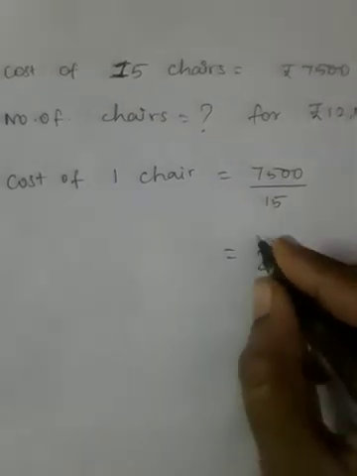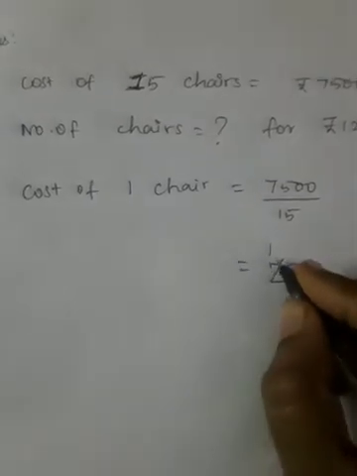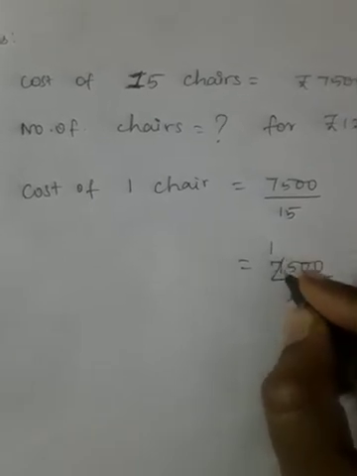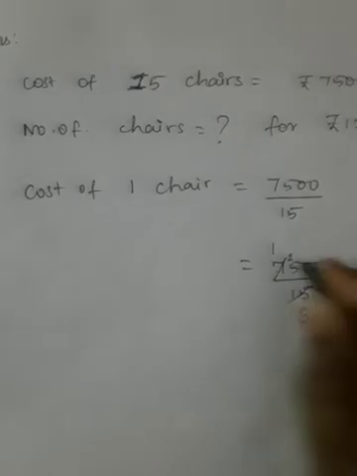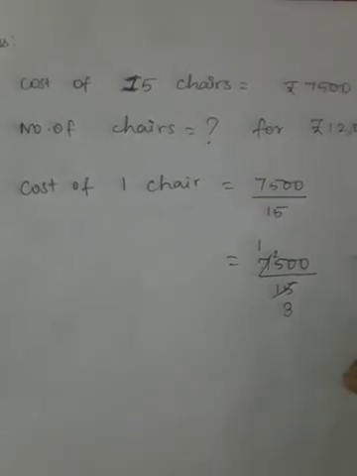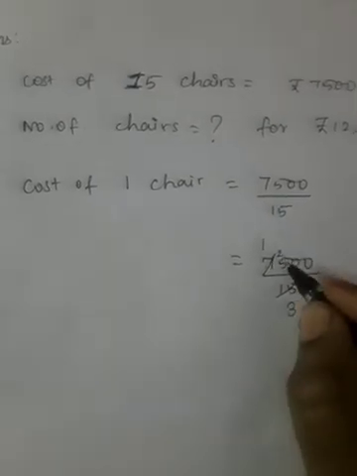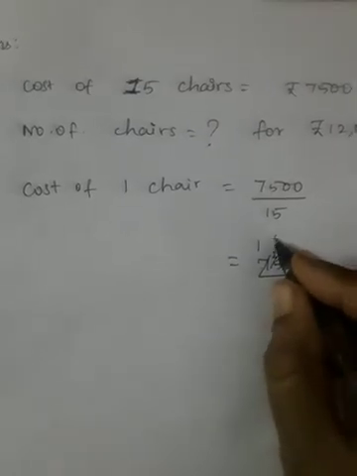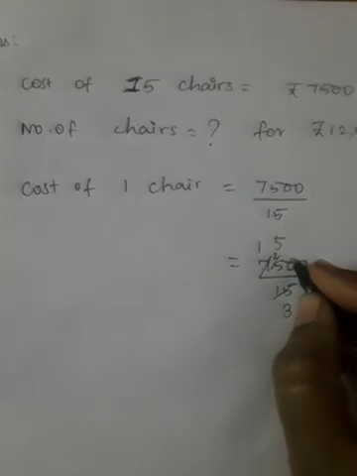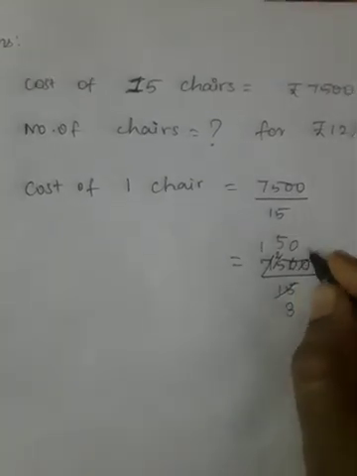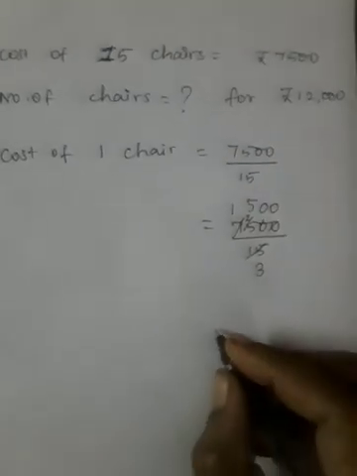Here 1 five is 5, but here we have 7. So 7 minus 5 is equal to 2, the remainder. Now 25. 5 fives are 25, no remainder. So 5 zeros are 0.